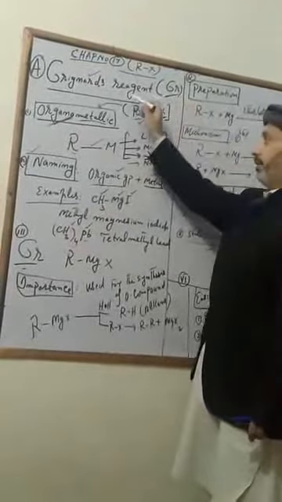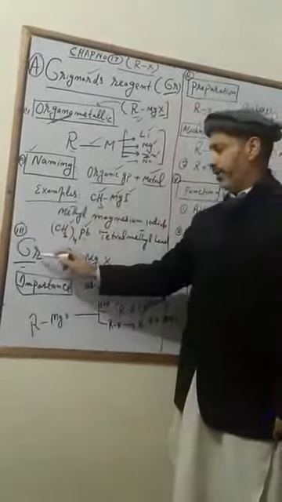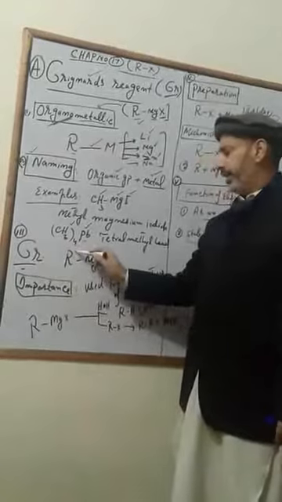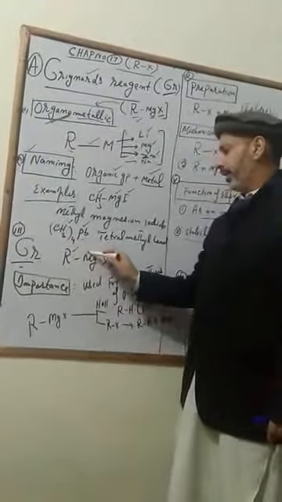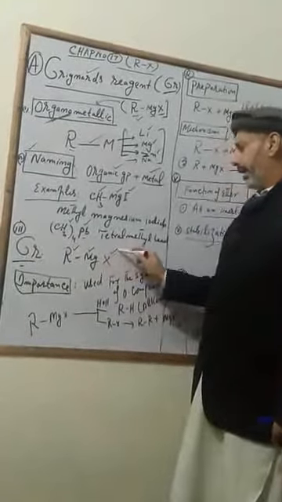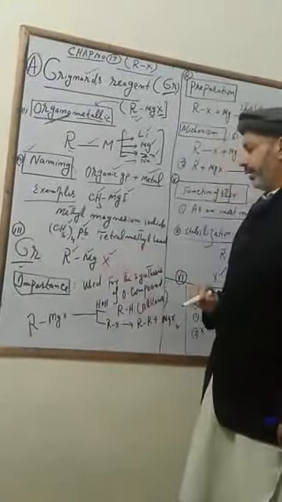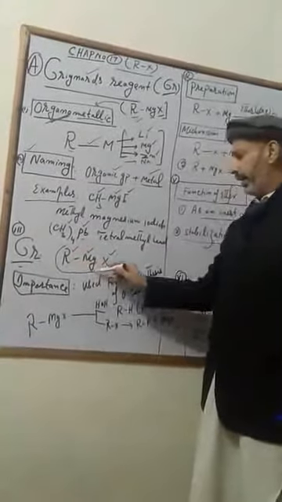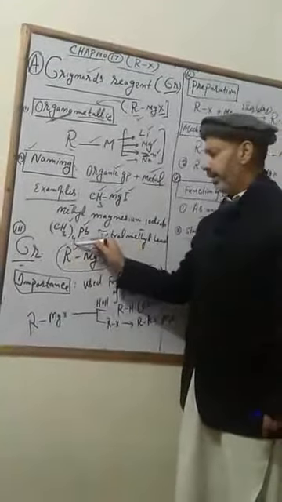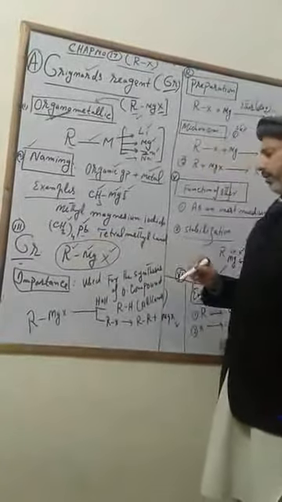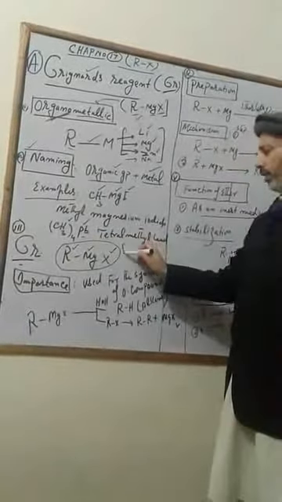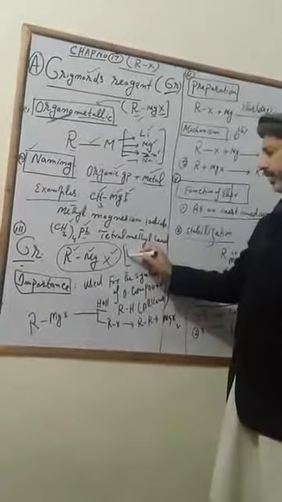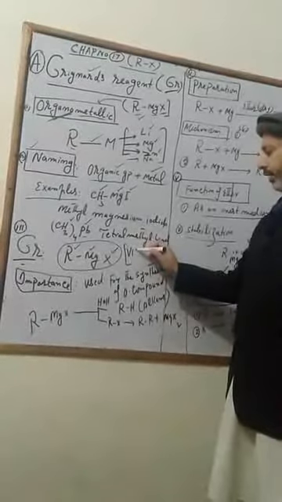Grignard reagent, GR, as I have told you, I will use GR for Grignard reagent. What is Grignard reagent? It is alkyl magnesium halide. This alkyl magnesium halide is a synthetically very important compound, and it was prepared by Victor Grignard.